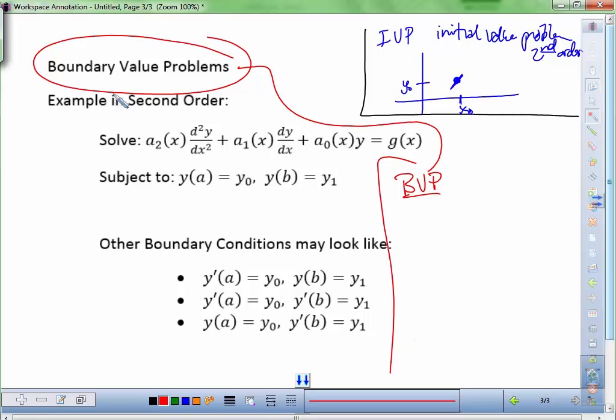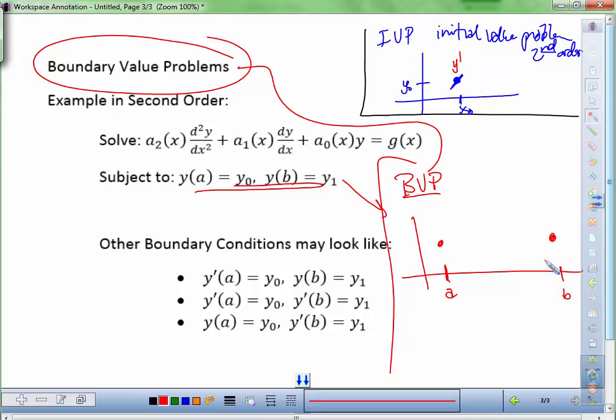All right, BVP, boundary value problem. The picture of that, well, you'd have different scenarios. There's different possibilities here. I think the easiest possibility is this one, where instead of giving you one x value, and then a y value and then the slope value, y prime is your slope here, by the way, it's going to give you an a value and a b value.